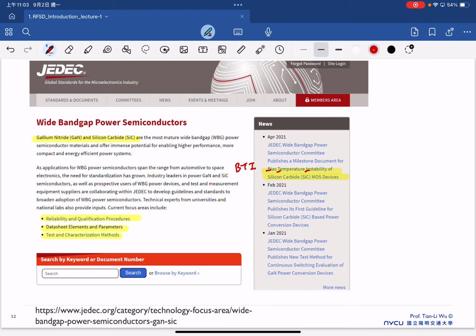So it's not only me saying this is important. It's really the industry people, they also consider this one of the key issues in silicon carbide power devices. But what is actually related to BTI?